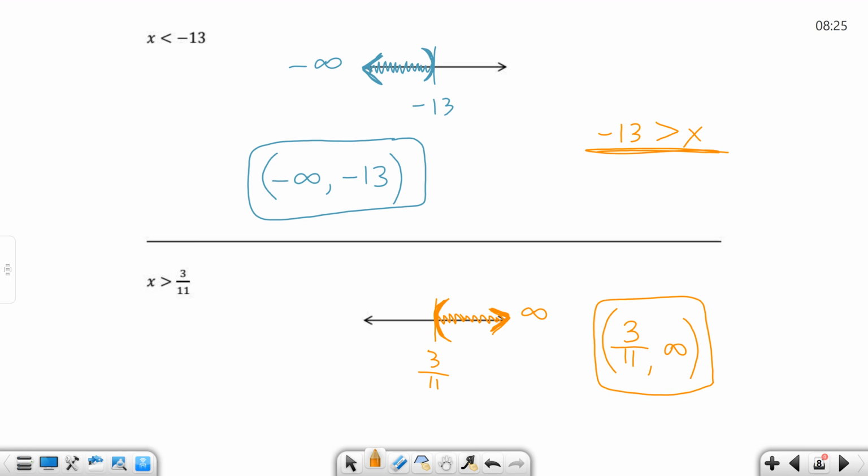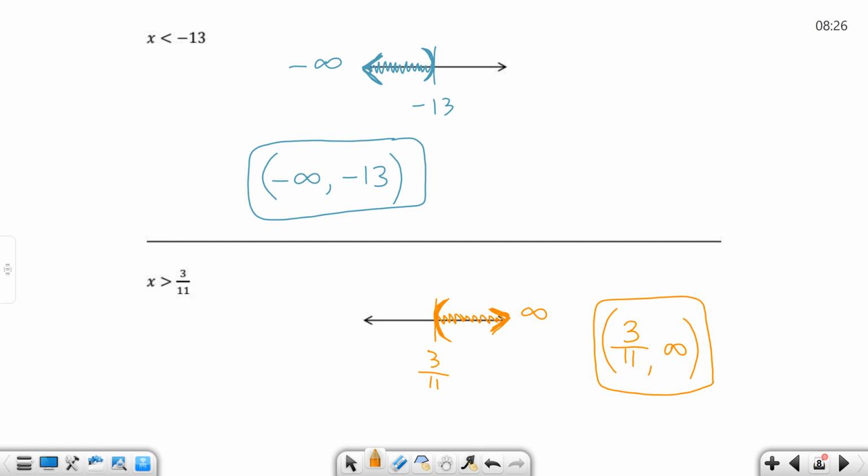So if I had to do that on a number line, negative 13 is greater than x, that maybe gets a little confusing. How do I figure out which side to shade and that kind of thing? So I like putting my variable on the left. If you have a teacher that makes you do that, fine, do it. I don't make my students do that, but I tell them that I think it's easier to comprehend and understand what it is.